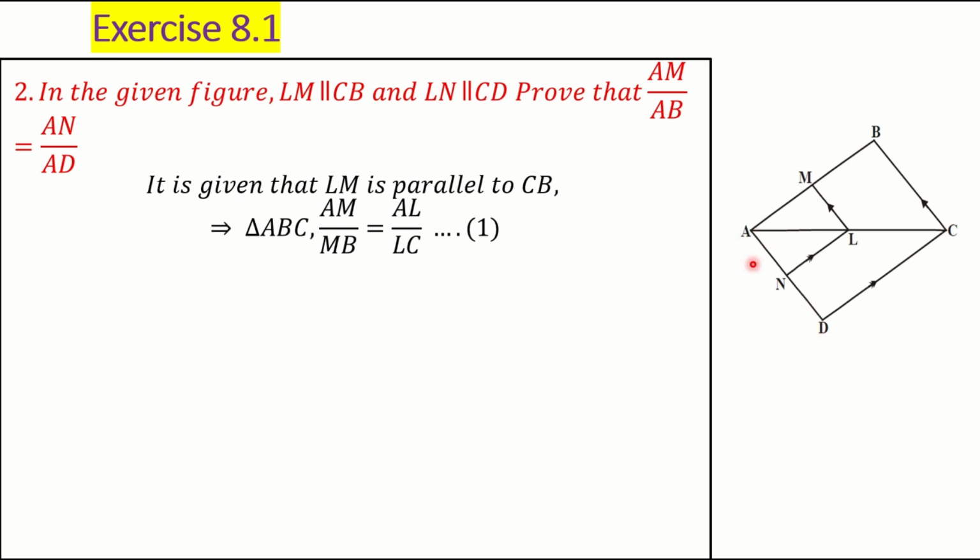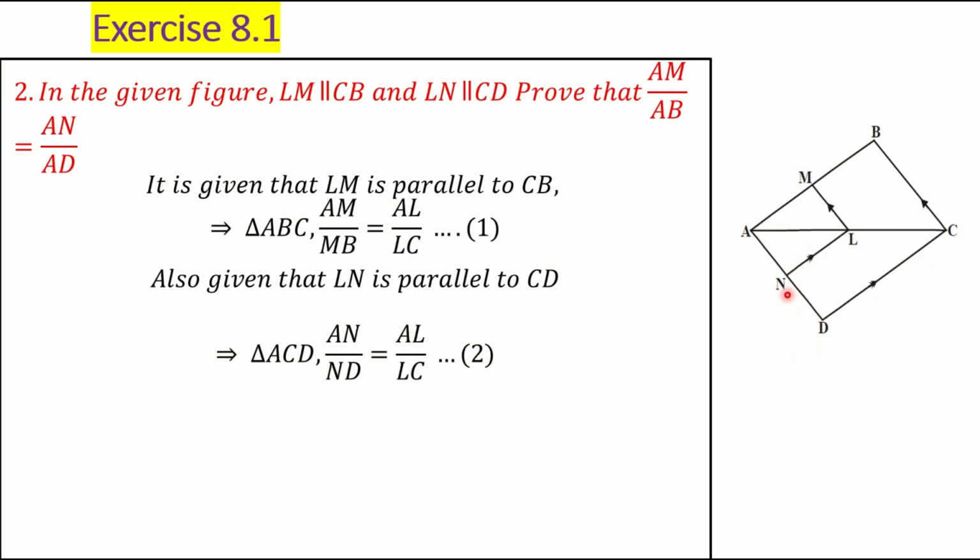Similarly, we have one more triangle ACD. In ACD also, line LN is parallel to CD, which means this LN line cuts the sides of triangle ACD in equal ratios. That is, AN by ND equals AL by LC.